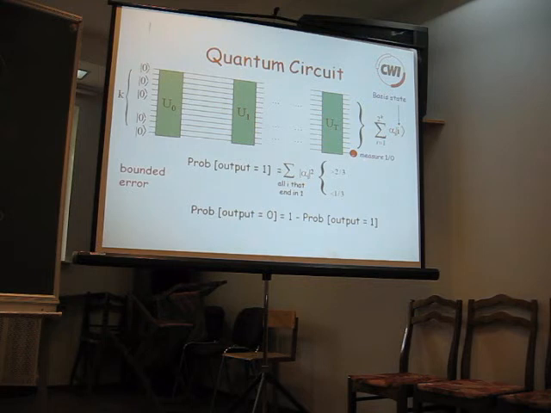What I'm interested in is the probability of measuring a 1 here, which is equivalent to looking at all the basis states that have a 1 at the last position, because they correspond to measuring a 1 at this position. Take the amplitudes, square them, and sum it up. That's exactly the probability of observing a 1, and this particular sum is either more than 2/3 or less than 1/3, in case we have a bounded error algorithm. Any questions about this? Is that clear?